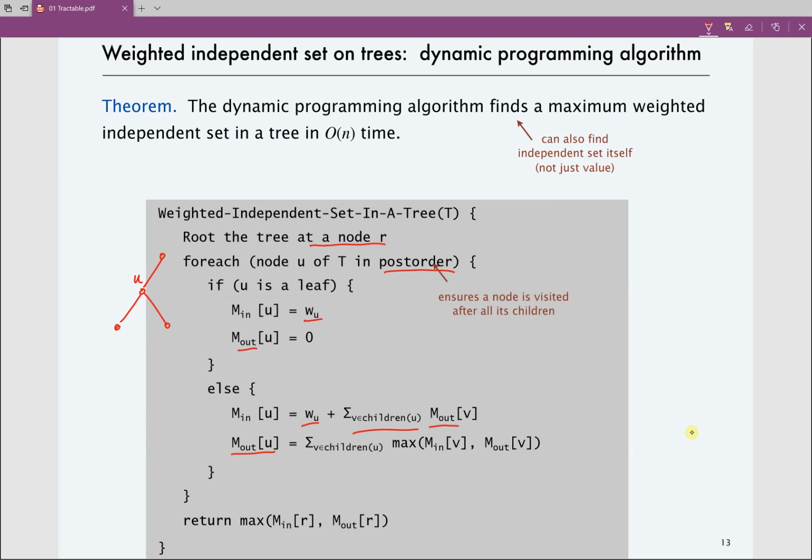Here we had to make a decision whether to include V or exclude V, and also whether to include or exclude R. We keep track of all those decisions, and that tells us how to actually produce this maximum weight independent set.